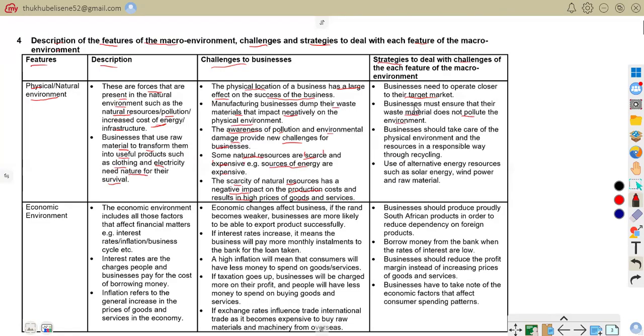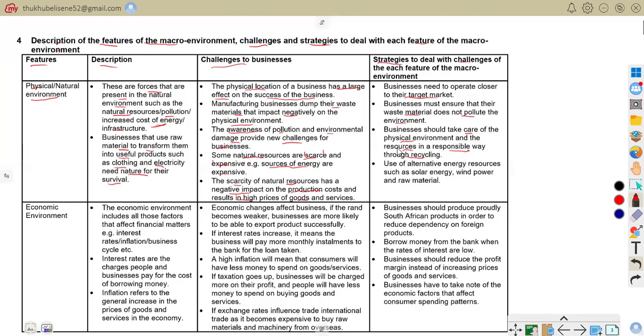So proper waste management. Use recycling bins. Business should take care of the physical environment and resources in a responsible way through recycling, like I've said. So take care of the environment through recycling.